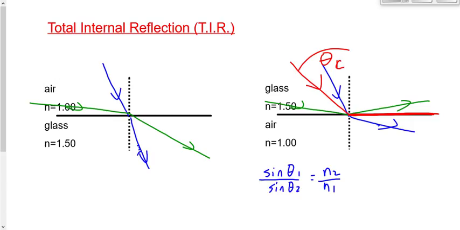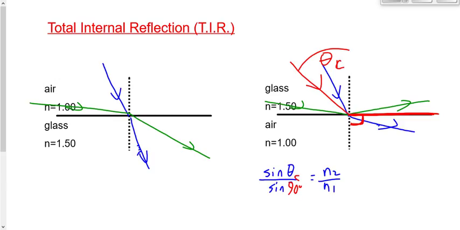Okay, sine theta 1 over sine theta 2 equals n2 over n1. Nick just told me a second ago that if I want to find the critical angle, then I'm going to set theta 2 equal to what? What was it, Nick? 90 degrees. Because at the point where the light skips along the boundary, the angle of refraction, as measured from the normal line, that imaginary dotted line drawn at 90 degrees to the boundary, is 90 degrees.